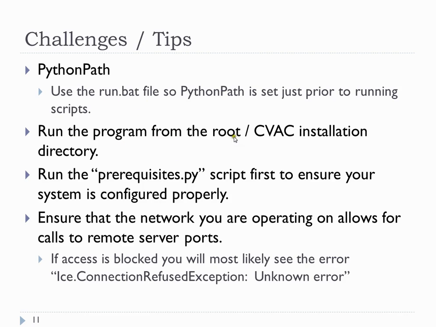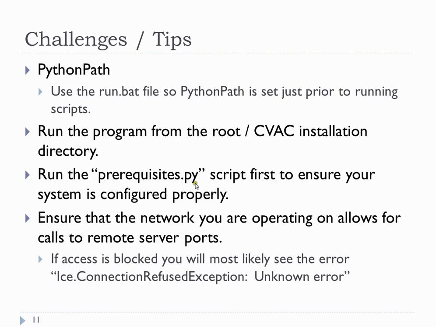Again, run the program from the root of the CVAC installation, given the way the scripts were written and the services .bat file was configured. This was also important for all the scripts and references to work correctly.